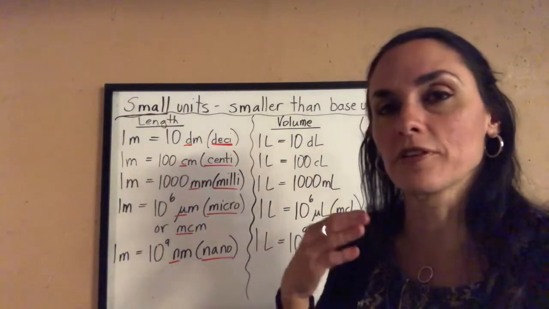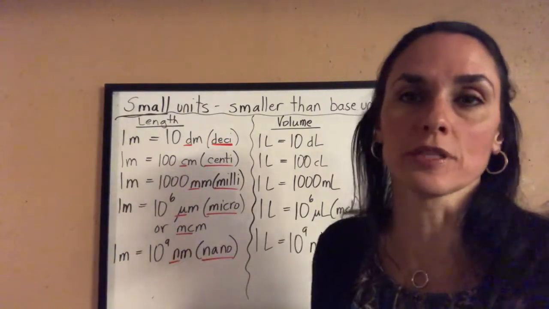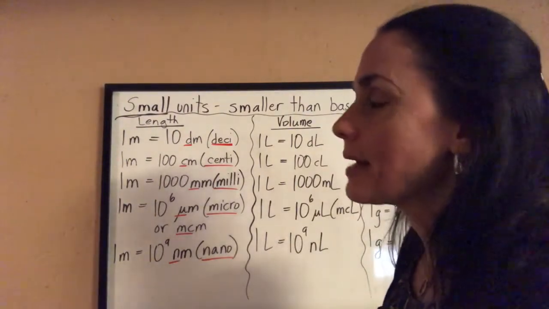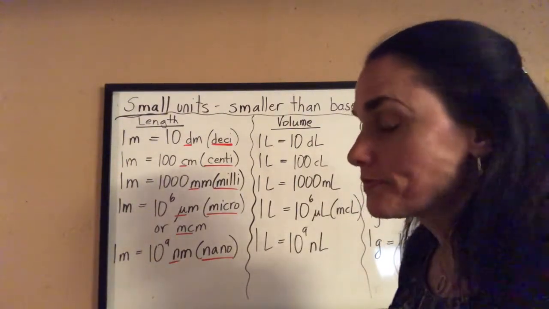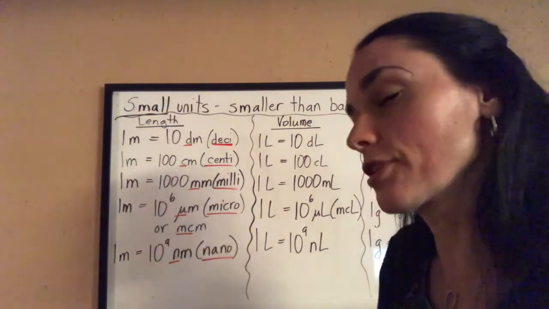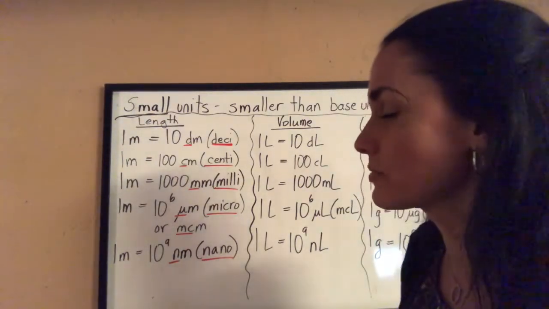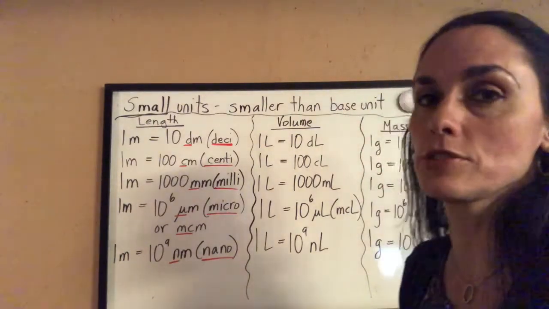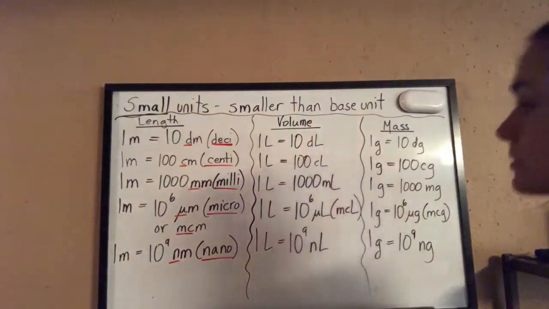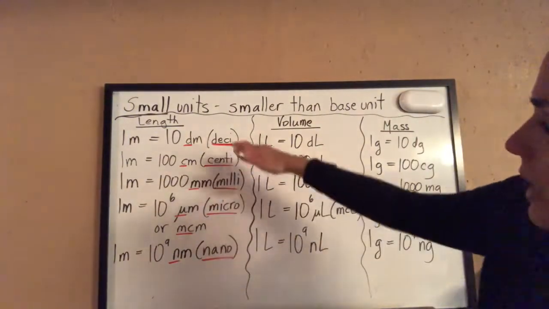You have silver fibers put into some of these athletic clothing pieces to prevent bacteria buildup. That's why those types of clothing usually cost a little bit more too, because you have silver nanoparticles woven throughout the fabric. So very, very small scale, okay?